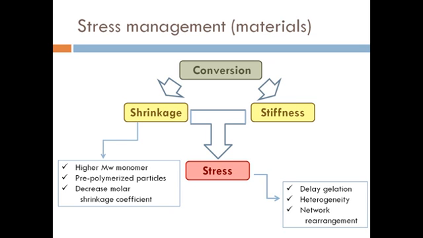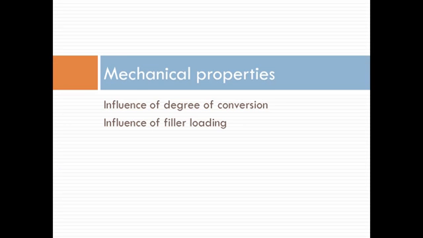What's important for you to know is that there's many developments in the research realm for those types of chemistries. One that's dealing with network rearrangement is actually available in a commercial material. And we can talk about the commercial materials and how those things work in class later if you want to.